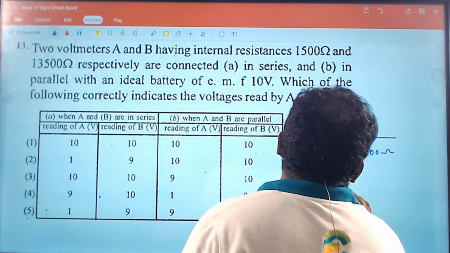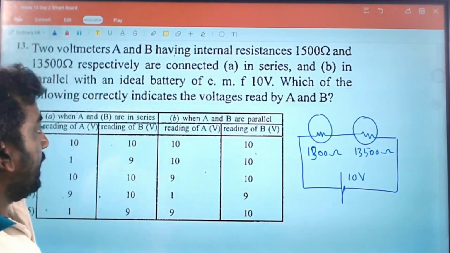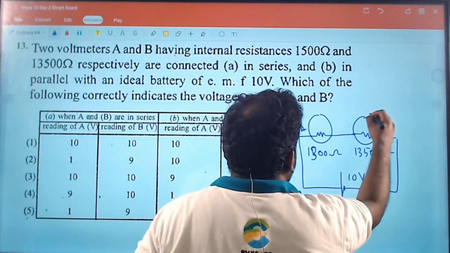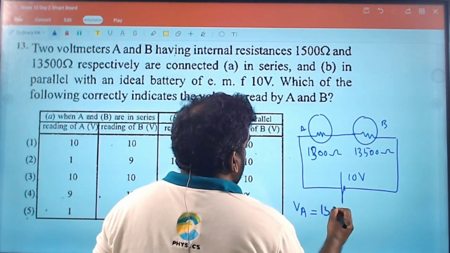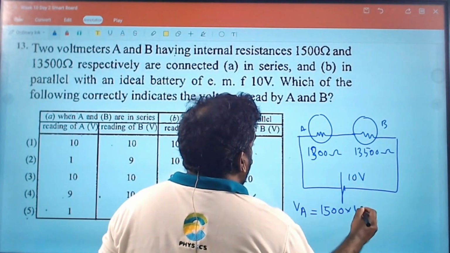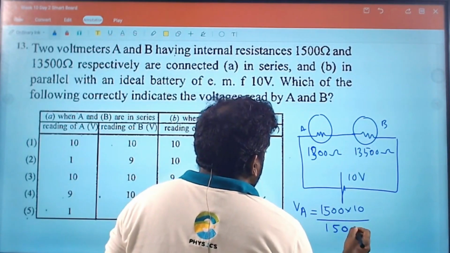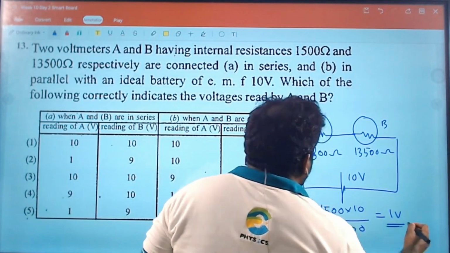Battery EMF 10 volts. So what is your reading when it's in series? So you can find the voltage at A: 1500 multiplied by 10 divided by the addition, 15,000. 1 volt.